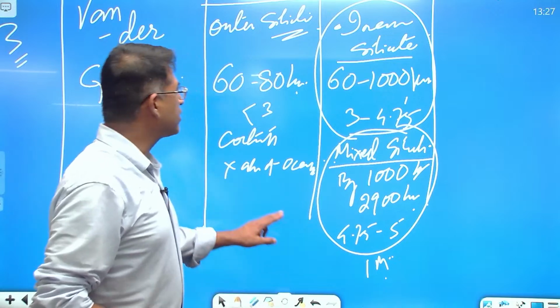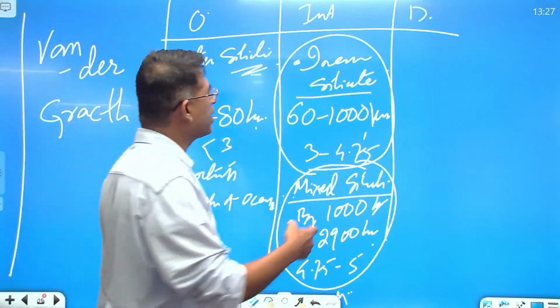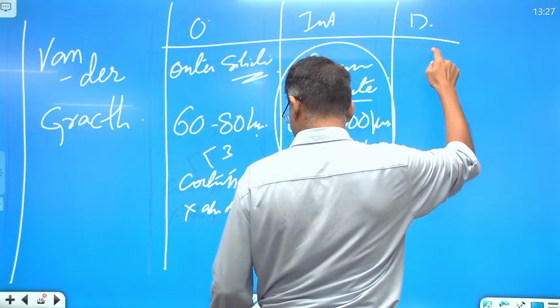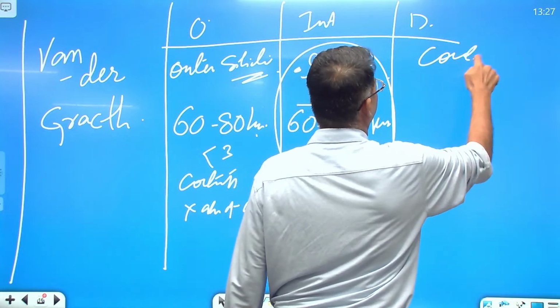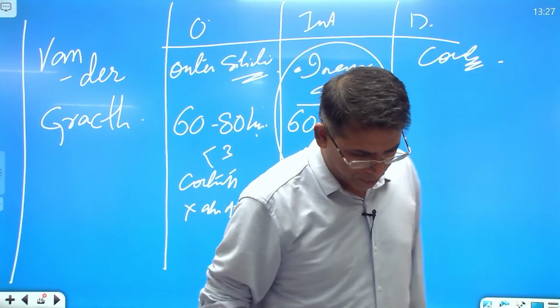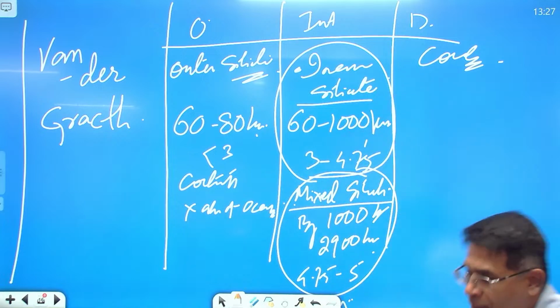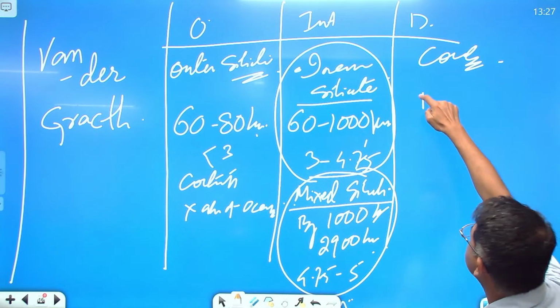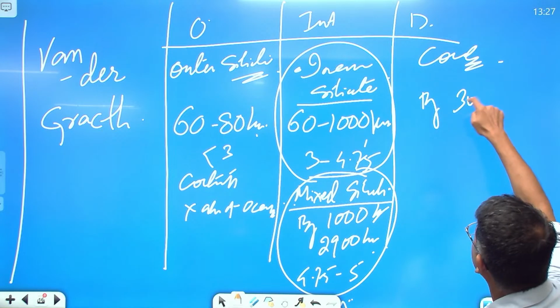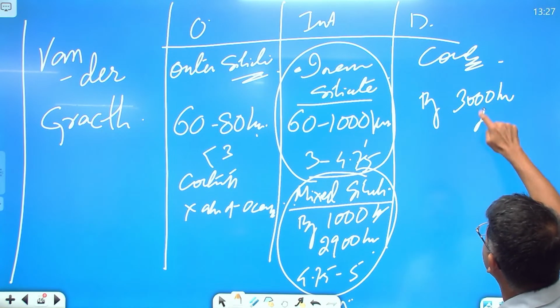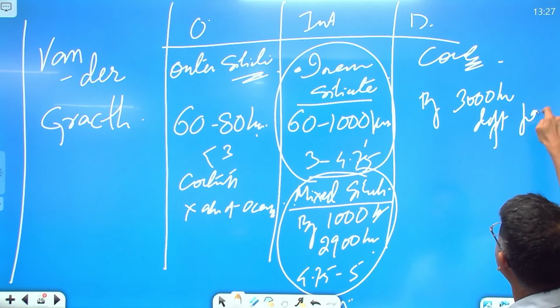And then we have the third layer. The third layer is the core. Okay, it is beyond 3,000 kilometer depth from the surface.